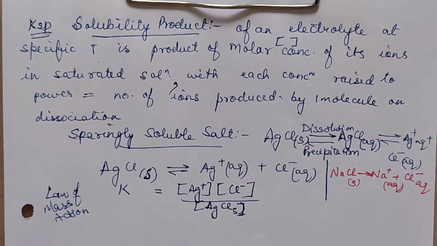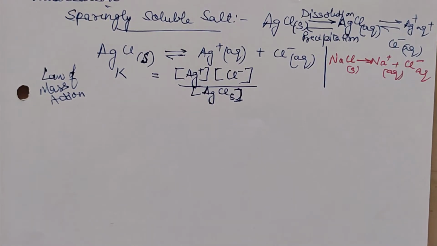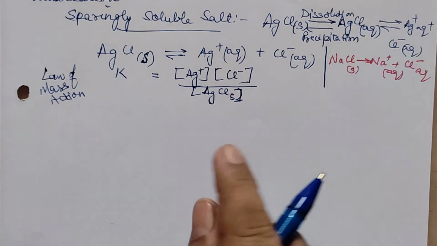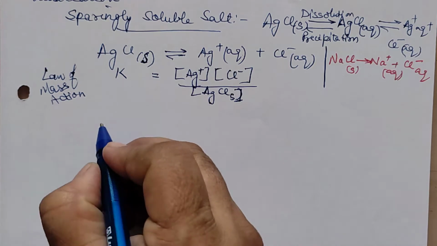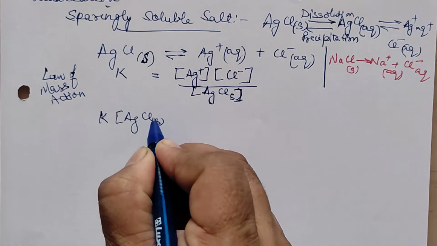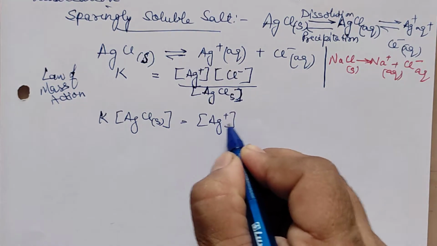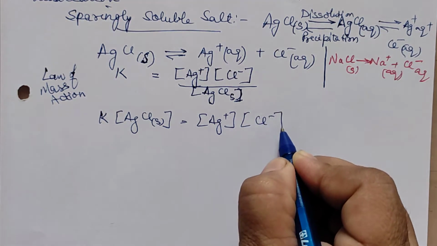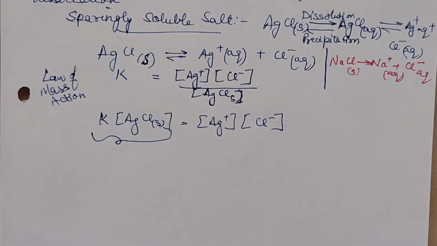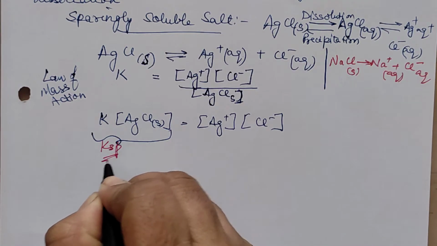Or in other words, you can take it as 1, or bring it to the left hand side, that is K constant into AgCl solid concentration is equal to Ag plus concentration multiplied by Cl minus concentration, right? This product here is called the KSP. It is the solubility product.